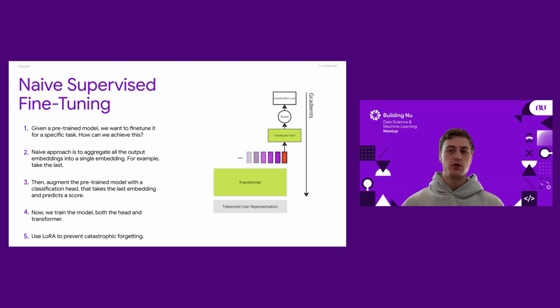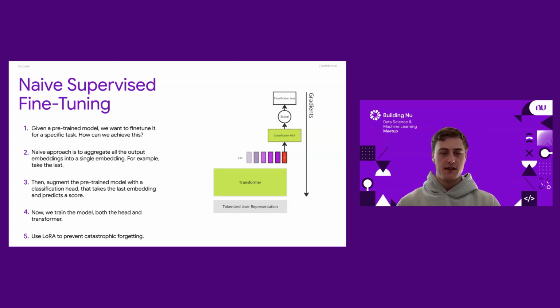So what we would do is we would simply augment the pre-trained model with an additional MLP network. This is called the classification head. And we would use this classification head to predict our label. And we would train this classification MLP to predict the label from the user embedding. Except we also, in this case, allow the transformer to be trained as well.